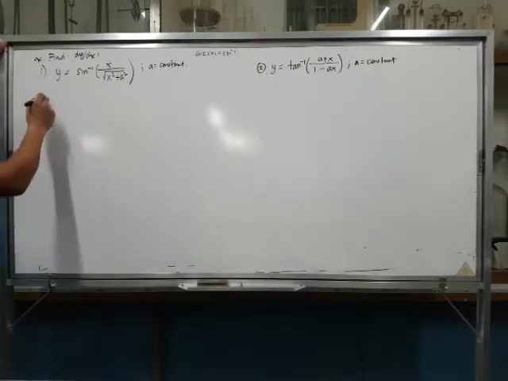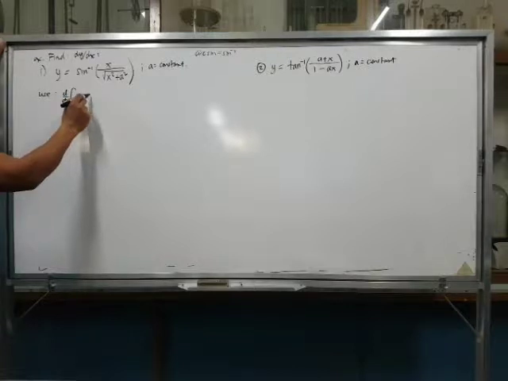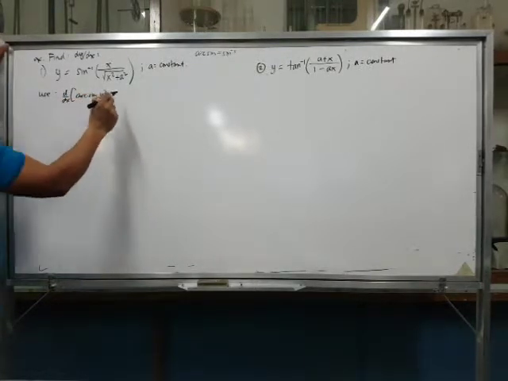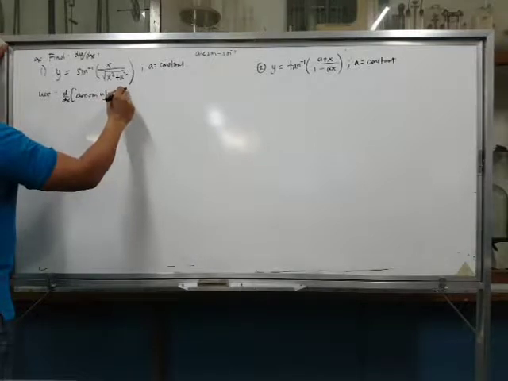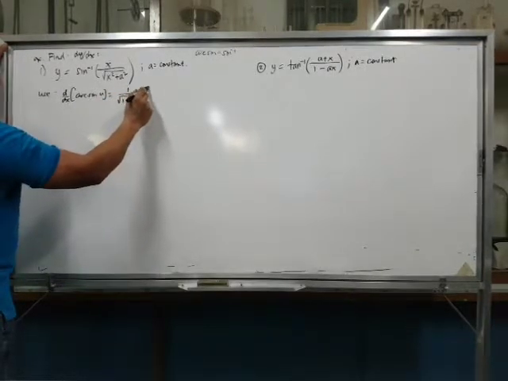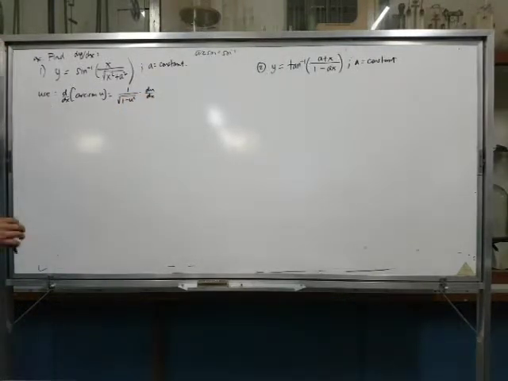According to our formula, the derivative of arc sine u is equal to 1 over square root of 1 minus u squared multiplied by the derivative of u with respect to x.